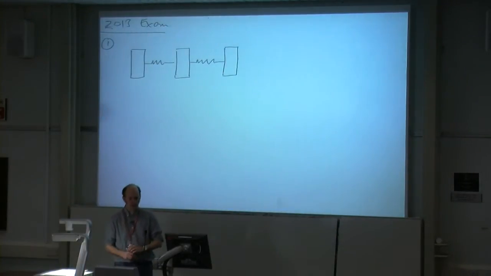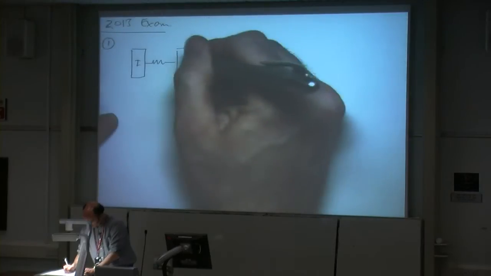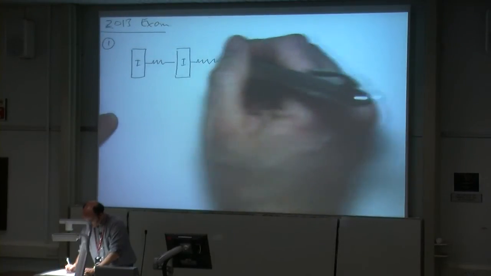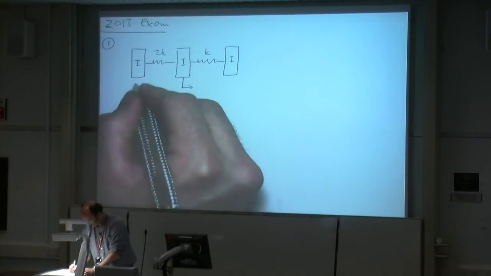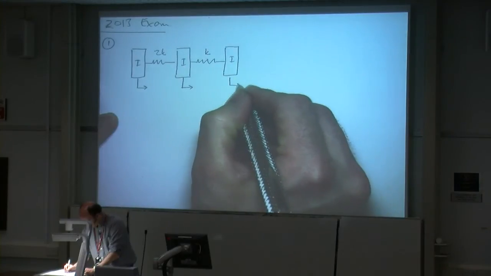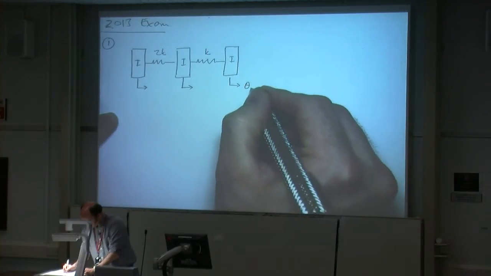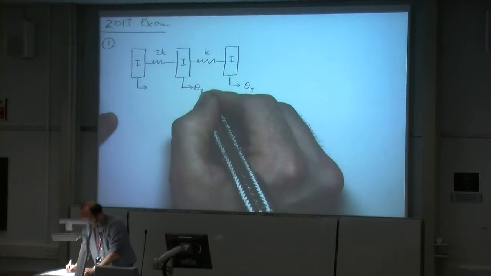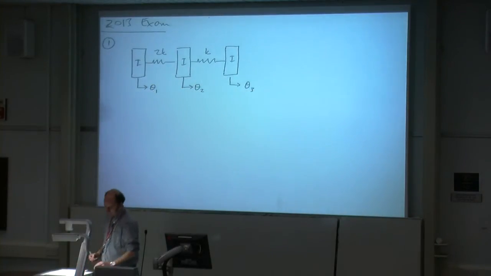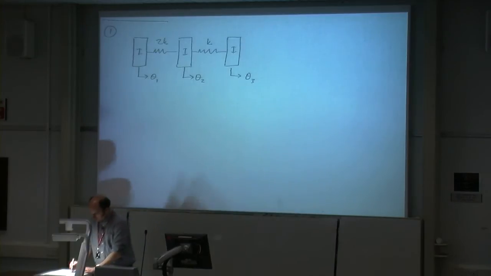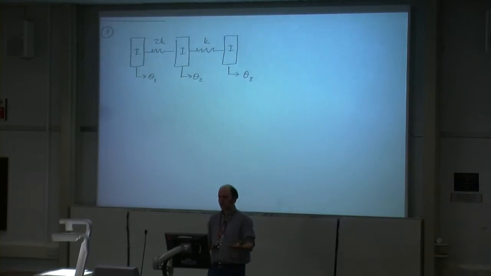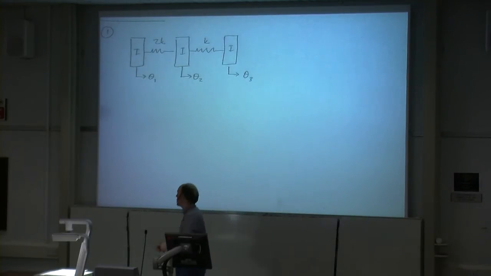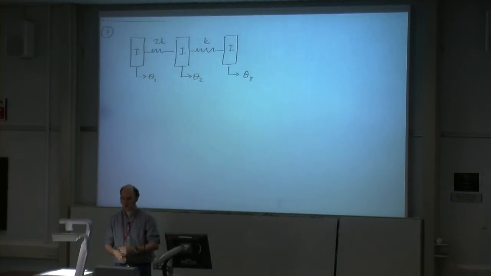I could draw it schematically like this, where this is I, this is I, this is I, this is 2K, and this is K. We've got theta 3, theta 2, and theta 1. So that's drawing it in the same way that you would have done with a mass spring system. Here we've got torsional springs and moments of inertia instead of masses, but the method is exactly the same.